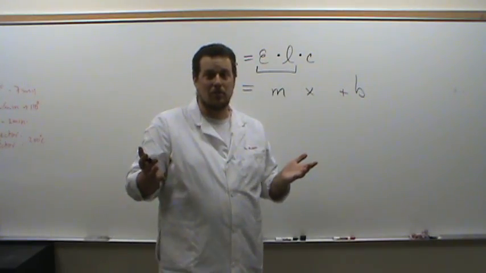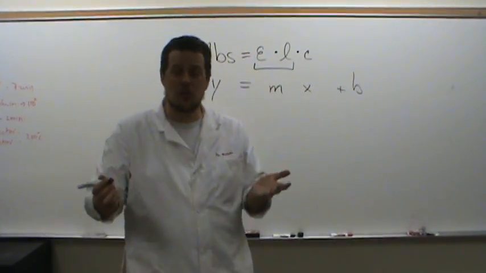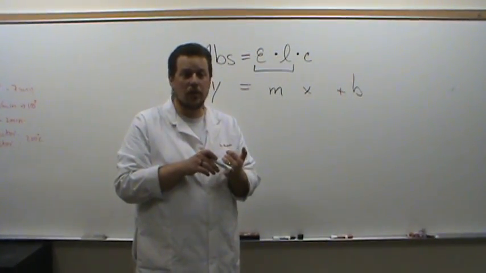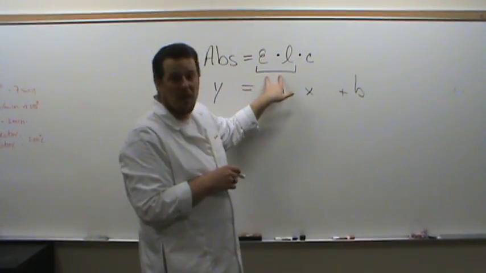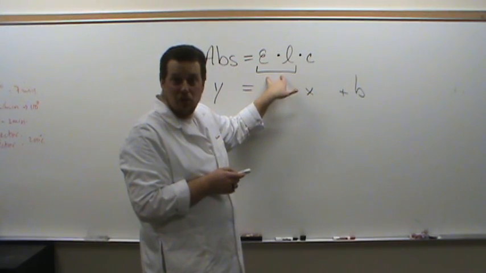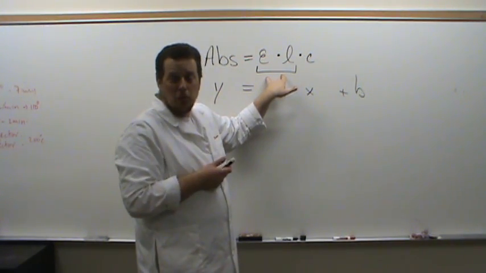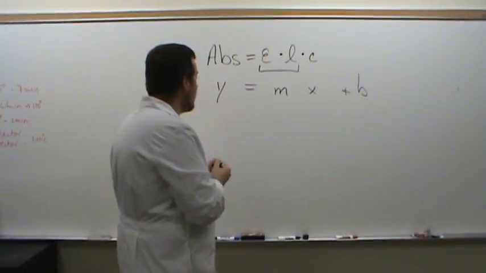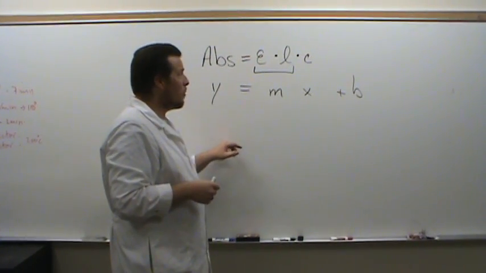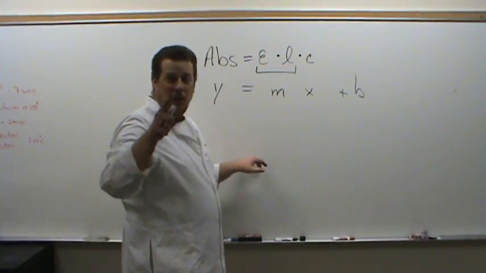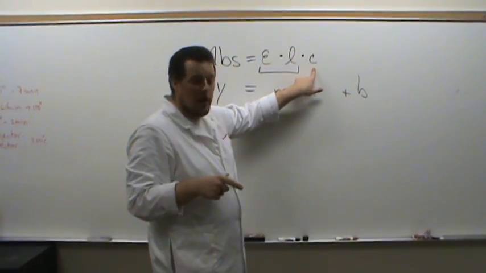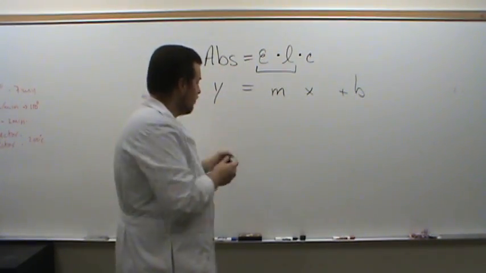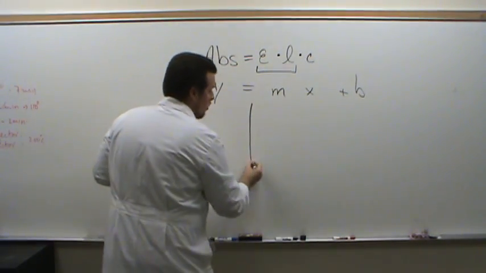That's your experiment. So we've got 2 weeks to do this. The first week, we're going to figure out this value. We're going to generate our Beer's law standard calibration curve. So in week 1 of this experiment, you're going to prepare a number of solutions that you can figure out the concentration of, and you're going to measure their absorbance.